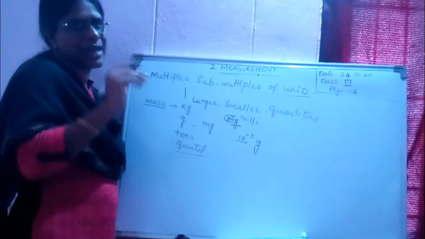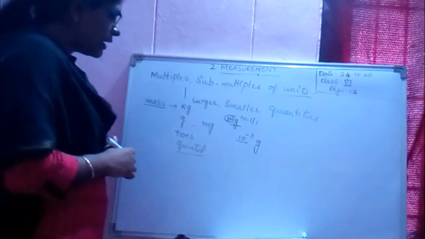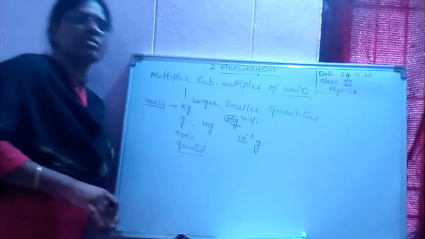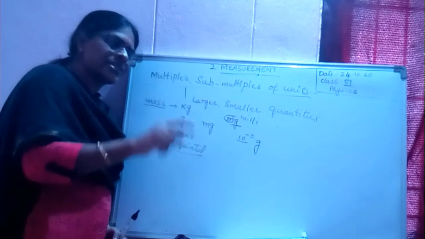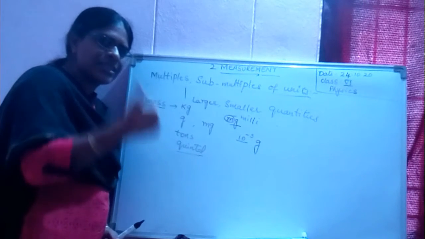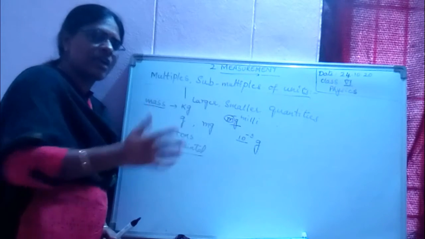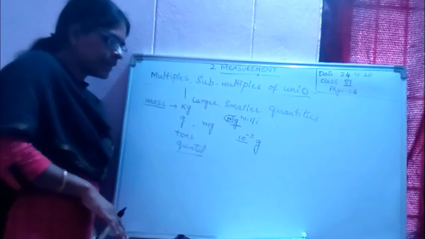These are certain things you need to remember. In your homework book, practice these three tables: length, mass, time, and the prefixes afterwards. Next.